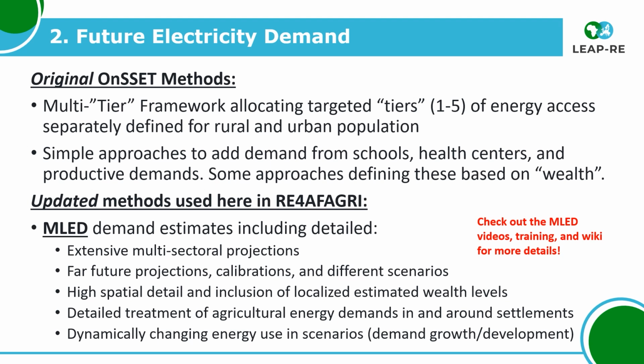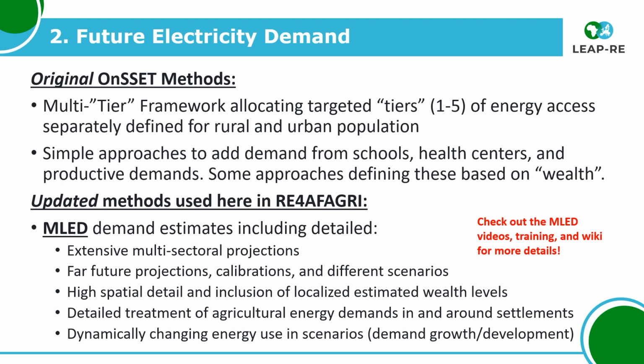Here we've completely updated and changed this in the RE4AFAGRi project, including a much more detailed demand estimate from MLED, which estimates demand from every different energy sector. It also includes crop demand, including crop demands within the settlement and also in the surrounding settlement, and allocates these appropriately.